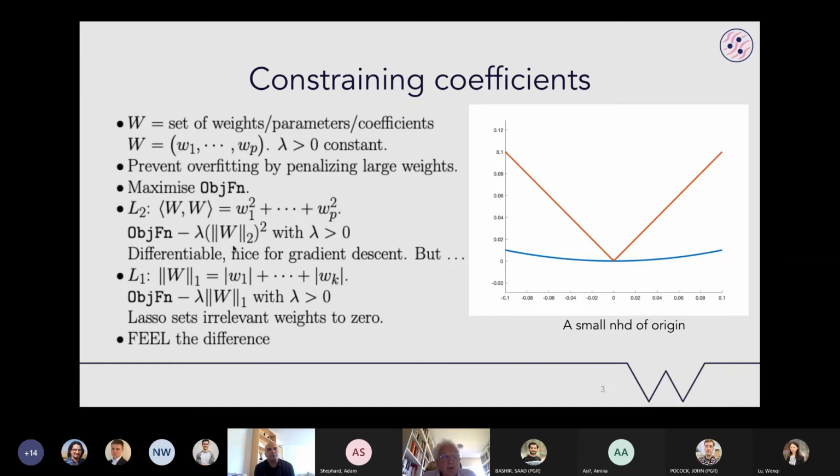The first, L2 penalty for large weights gives you a differentiable result, and so that's nice for gradient descent, but it often leaves lots of small values of W, small weights around, which are not really relevant.